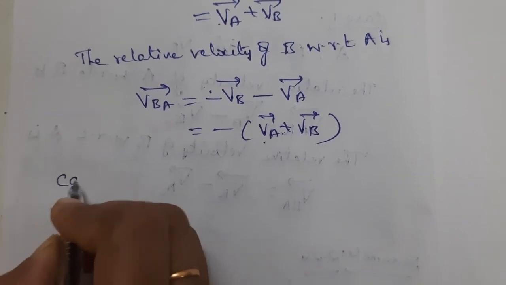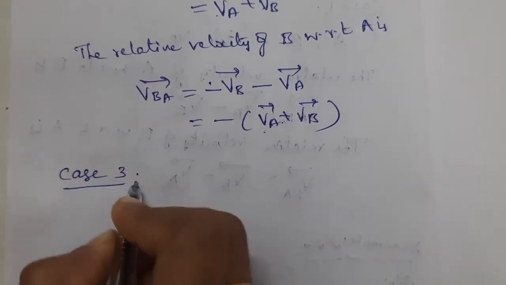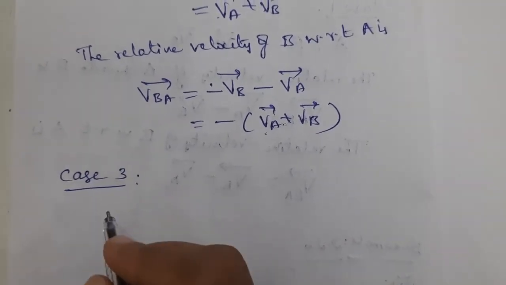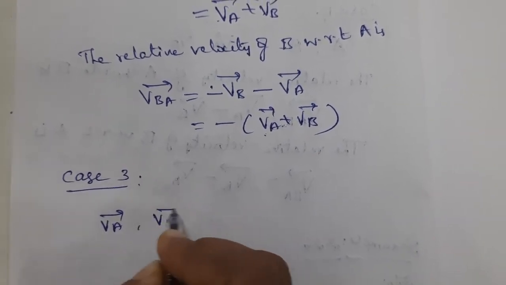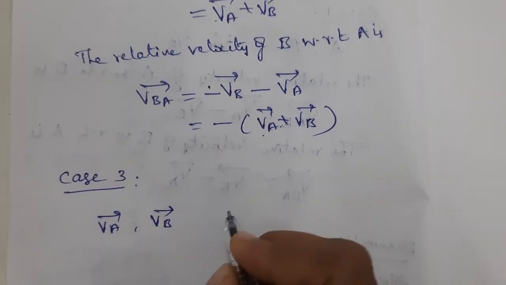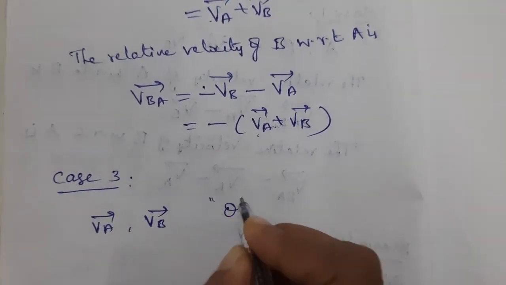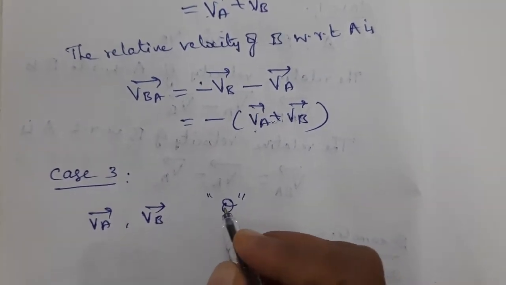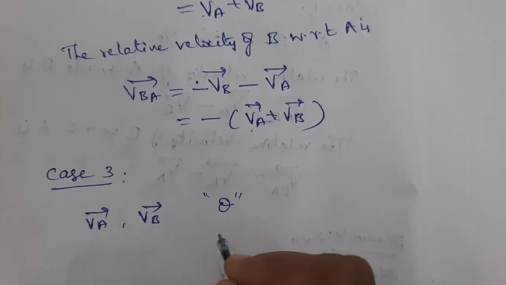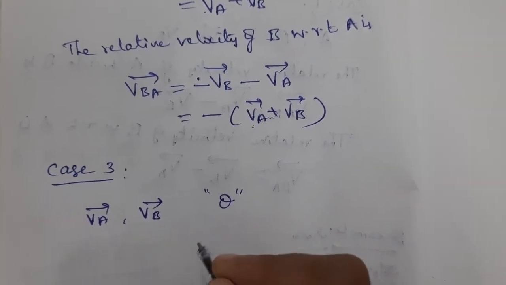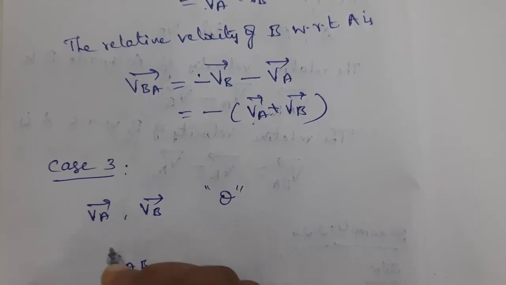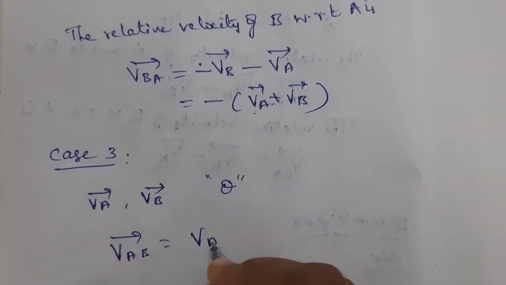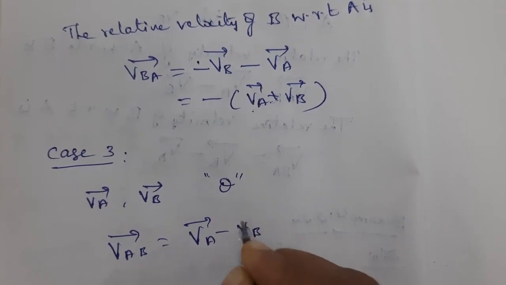Next, case 3. Consider the velocities VA and VB of the two objects at an angle theta between their directions. How can we write? The relative velocity of A with respect to B can be written as VA minus VB.